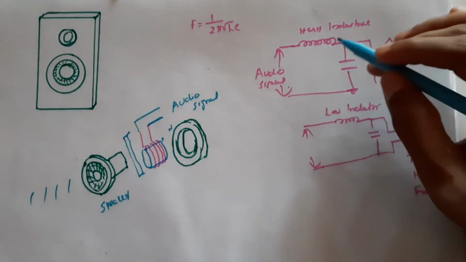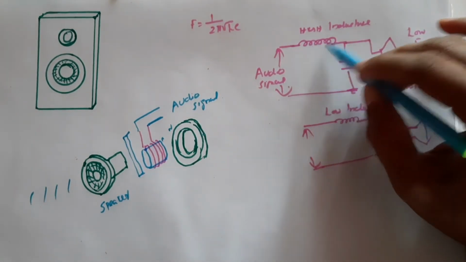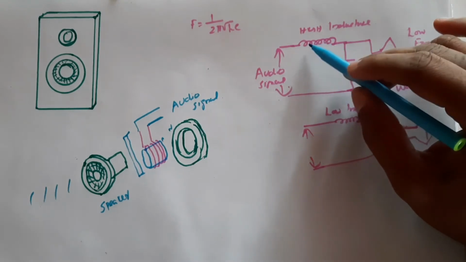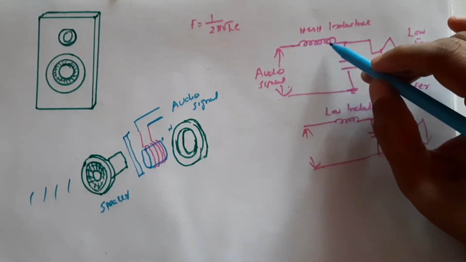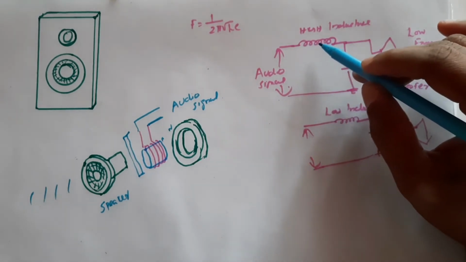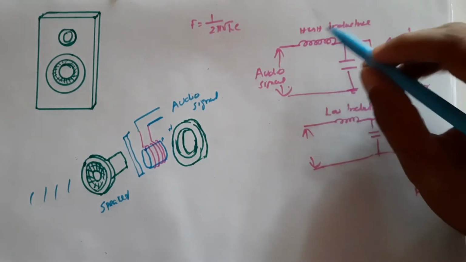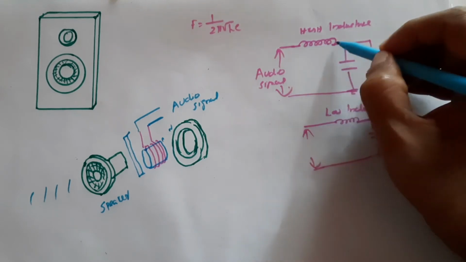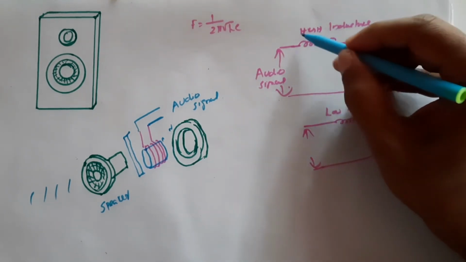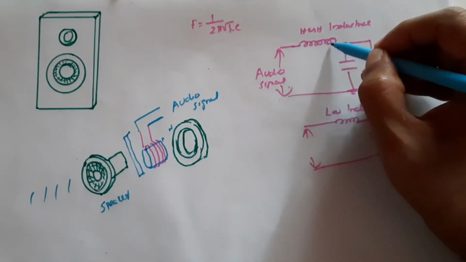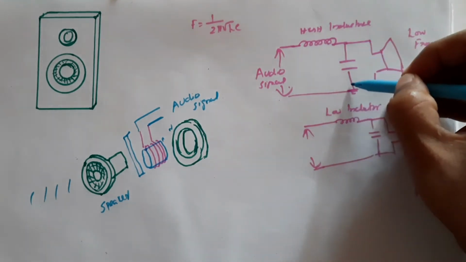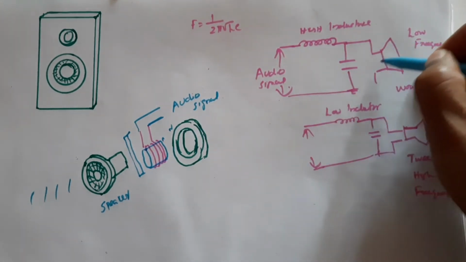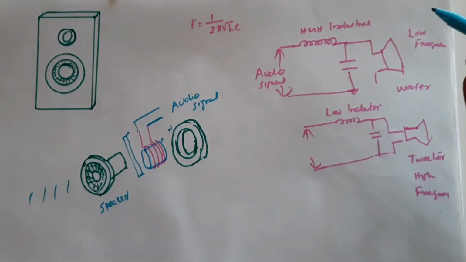How is it working? When it uses a high value inductor, as we know, a high value inductor has very high reactance to high frequency. When the audio signal frequency is very high, the voltage drop across this will be very high, so very low voltage will be available at this point, and it cannot drive the loudspeaker.